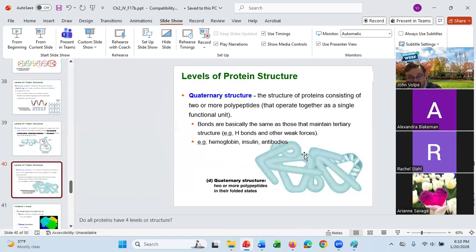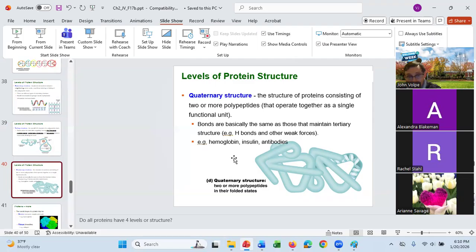So only some proteins have a quaternary level, and these are the proteins made up of more than one protein unit, meaning more than one polypeptide unit making up the final protein. What happens here is you have forces of attraction and repulsion between the different protein units, polypeptides.